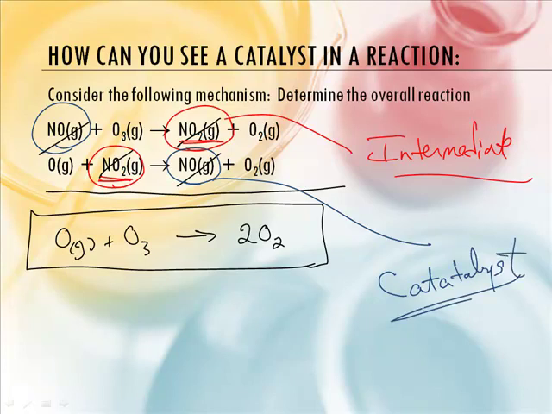Now, a side note about this reaction: NO is a pollutant that goes into the atmosphere, and it actually catalyzes the conversion of ozone, O3, into oxygen. That's part of the whole ozone depletion thing. Since the NO is not consumed, it stays there and it catalyzes another reaction, and another, and another.